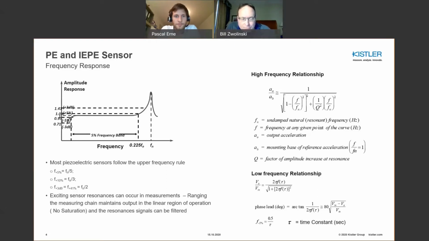And there are some expressions you can apply. If you know the natural frequency, and it's fairly easy to test for natural frequency by a tap test, for example, and make it an FRF, you know that the approximation would be: the 5% response is the natural frequency over 5, the 10% response is the natural frequency over 3, and obviously the 3 dB point is the natural frequency over 2.